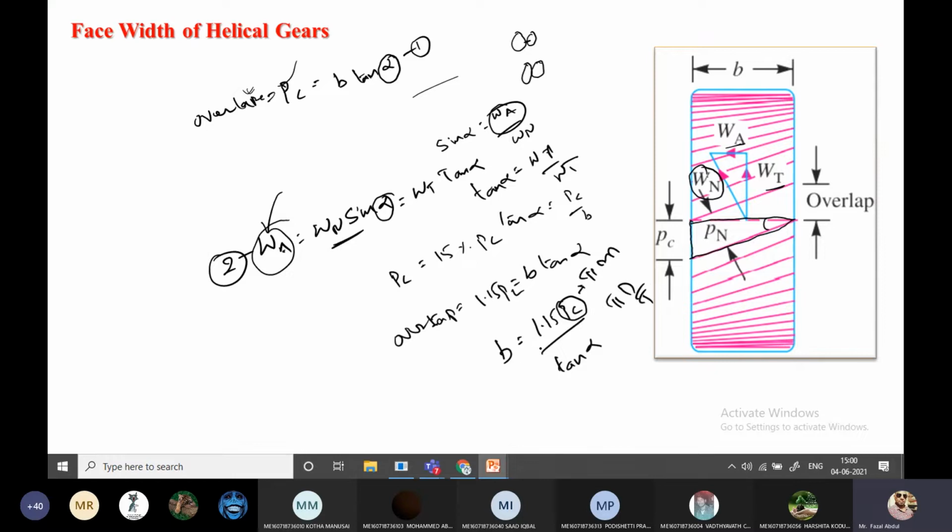Okay, so this equation is for the single helical gear.